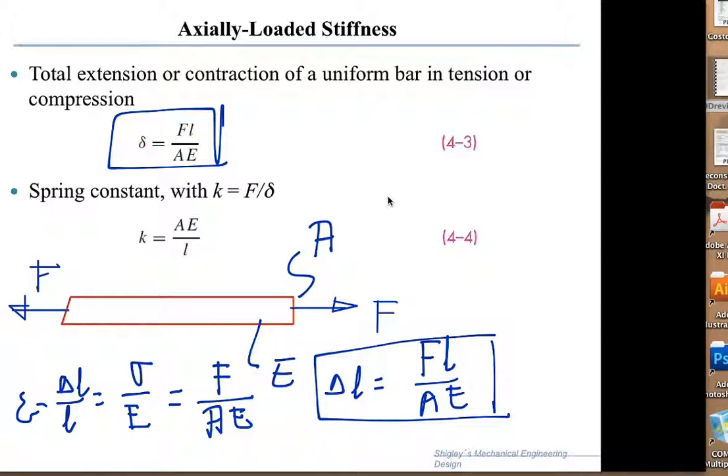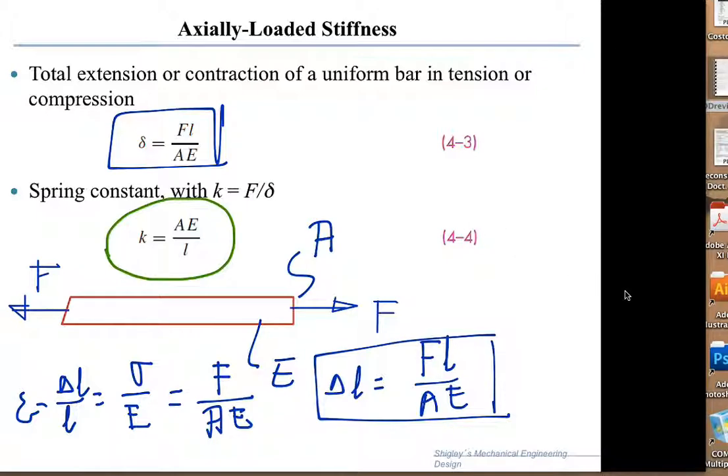The spring rate is the force divided by delta, so we can rearrange this equation to get a new relationship: K is equal to A times E over L, and that's the spring constant for an axially loaded member.